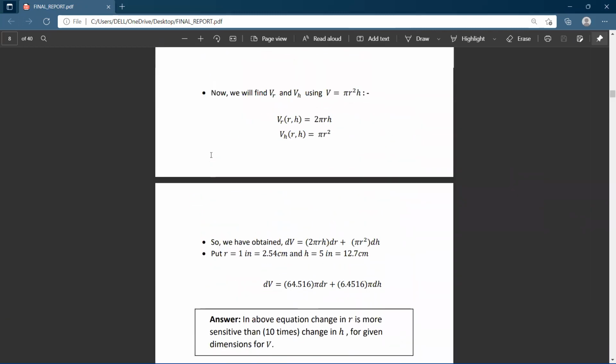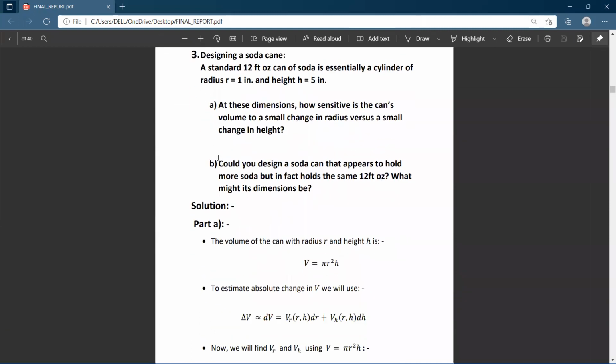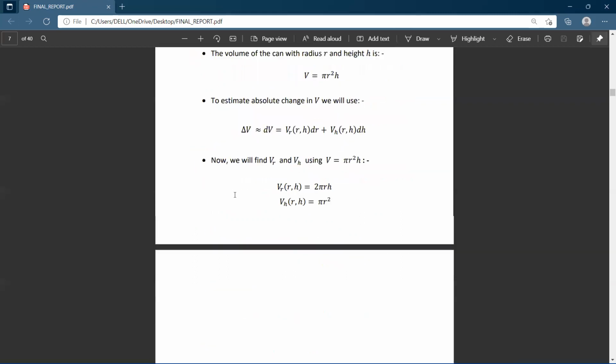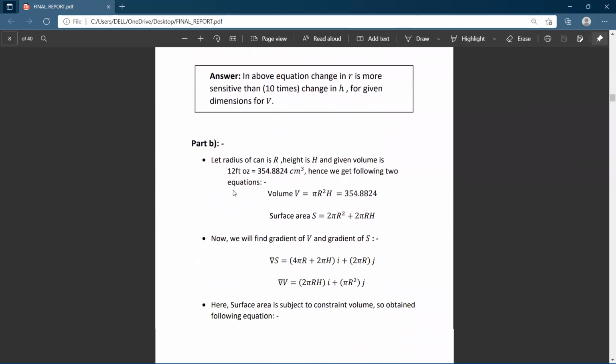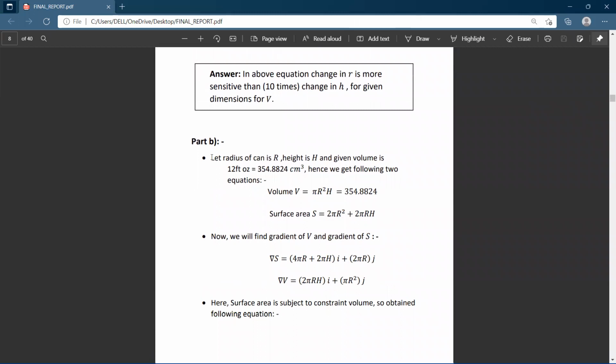Now part B. In part B, we are asking: could you design a soda can that appears to hold more soda, but in fact holds the same 12 fluid ounces, which is a unit of volume? What might the dimensions be? We have to find the dimensions, but the volume will be the same.